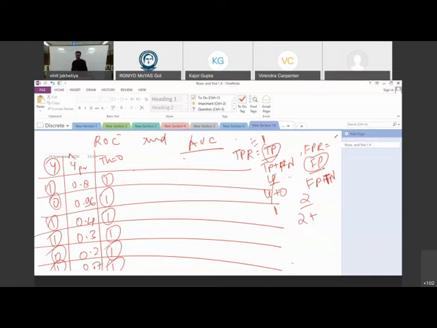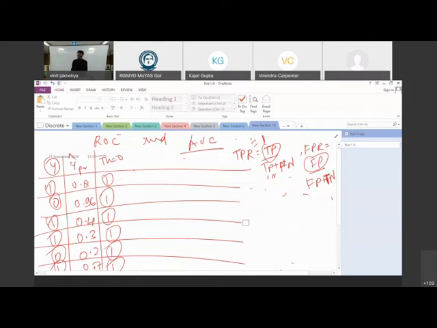But at threshold equal to 0, we don't have any prediction to be 0. So in this scenario, true positive rate and false positive rate both are equal to 1.